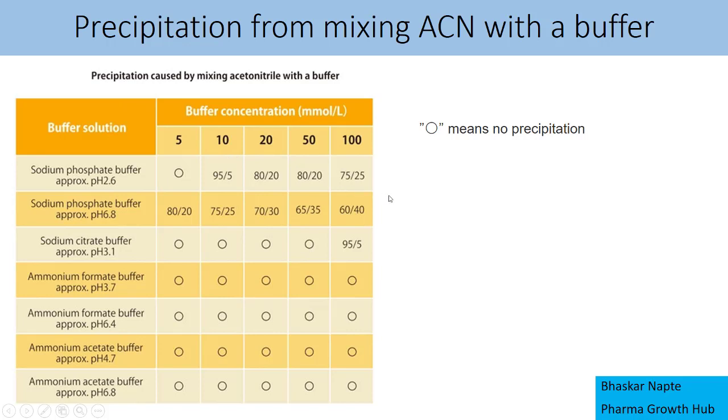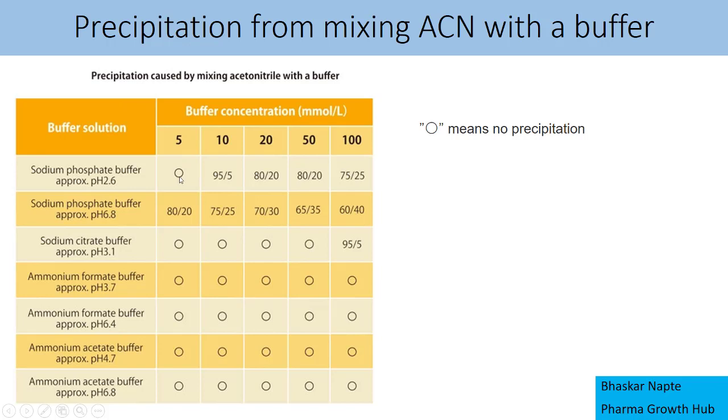In this presentation, 5 different concentrations of the buffer salt are used. The first one is 5 millimolar per liter. Second is 10 millimolar per liter, 20 millimolar per liter, 50 millimolar per liter, and the last one is 100 millimolar per liter.